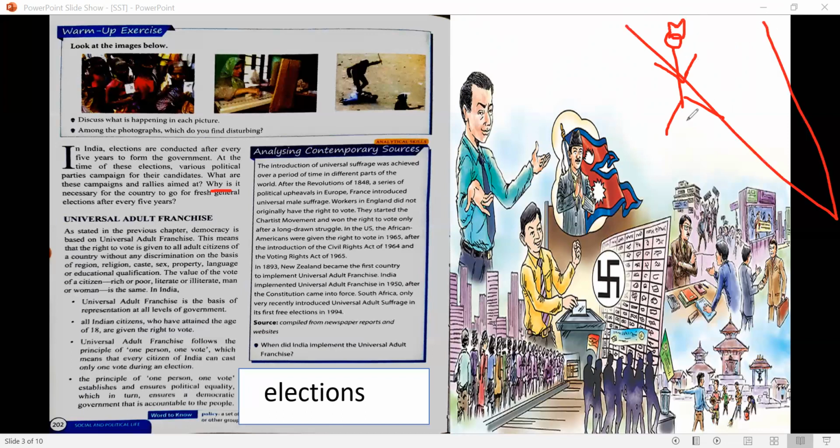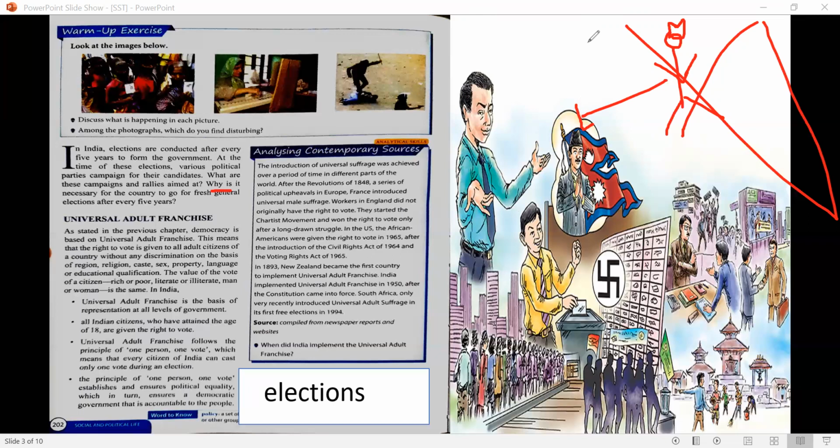Now, if he dies, what will happen? If he has kids, a wife, or any grandchildren, the king would stay in their family only. So the janta, the people, cannot change.